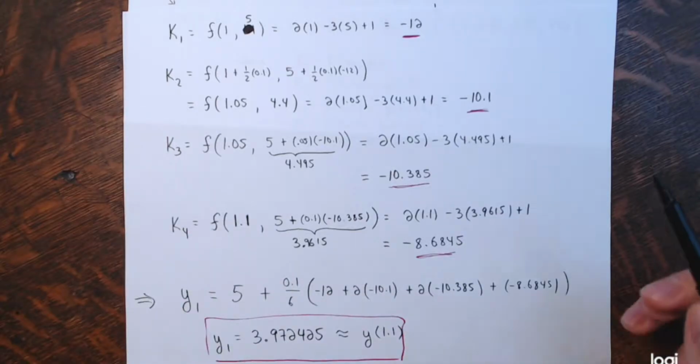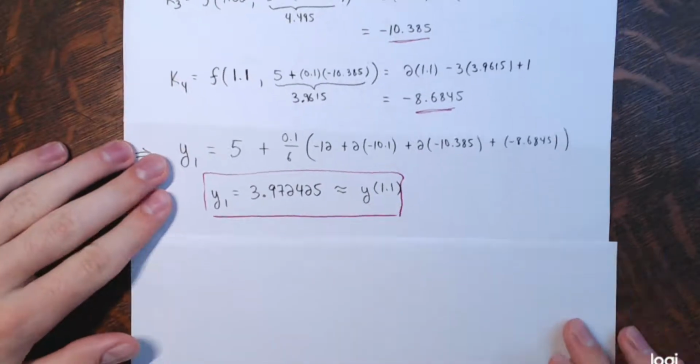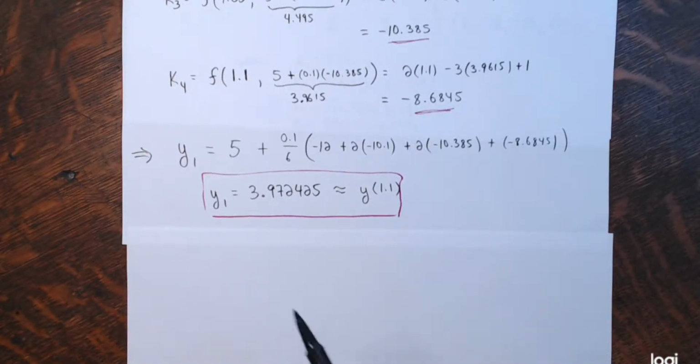All right, and then I would start over. Now I have y1, and then I would go on and do y2. Like I said, I think that's where I'm going to stop this. I'll write out what y2 would be equal to.